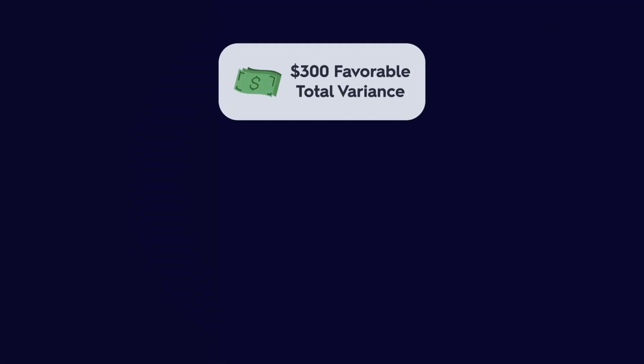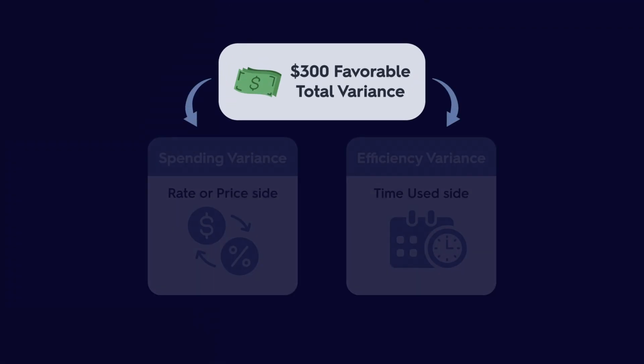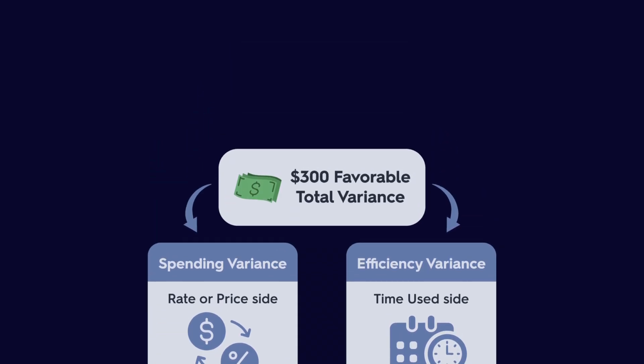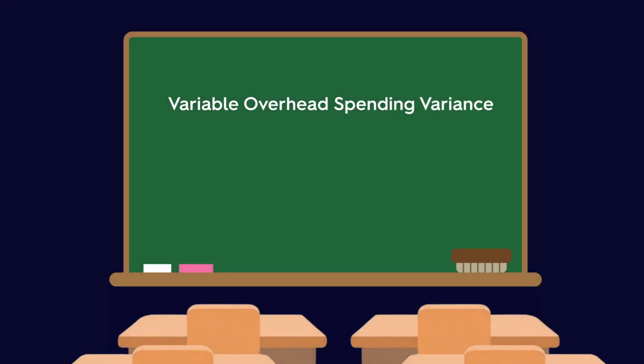Now let's go deeper. A total variance tells you the final difference, but not the reason. To find the cause, we split it into two parts: the spending variance and the efficiency variance. The spending variance asks a simple question. Based on the actual hours worked, did the company spend more or less on variable overhead than expected?